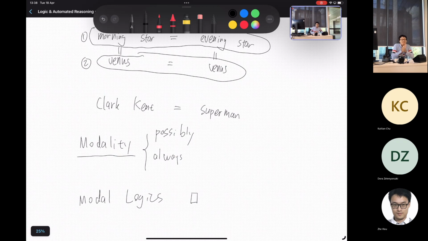In modal logic, we're no longer staying in a simple world where everything is true or false and there's nothing in between. We're looking at different possibilities, and the way those are represented in modal logic is almost like you are in the MCU world and you've got different universes.